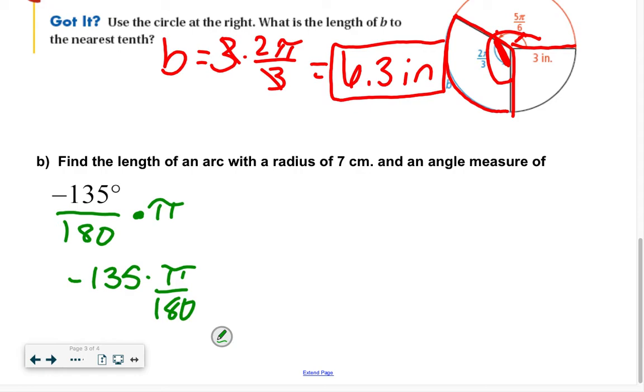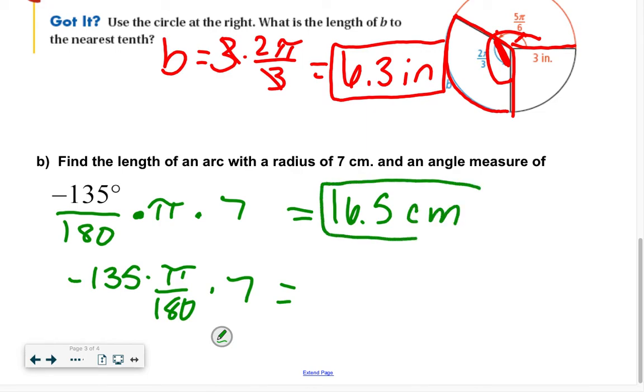So in my formula, I take my angle, which I now have in radians, times my radius. What's my radius? 7. So put either this one or this one in your calculator. You should get the same thing. 16.5, label, centimeters. Convert, then times it by the radius.